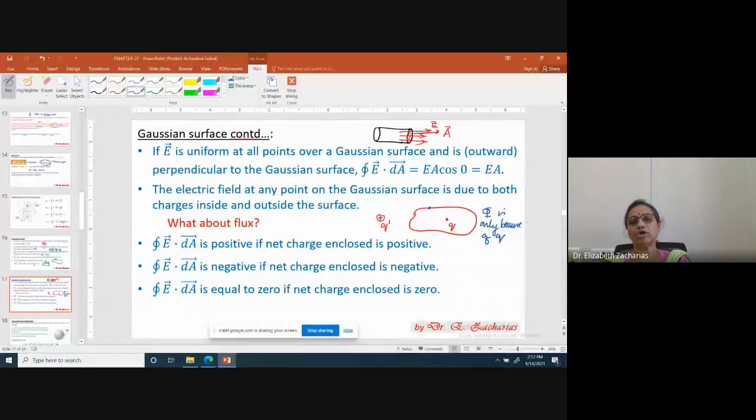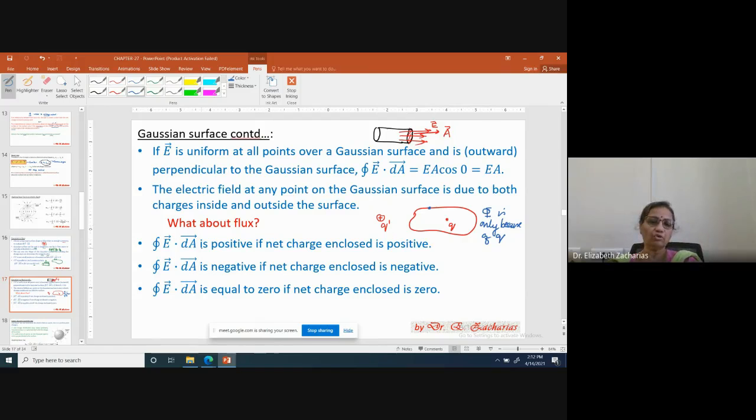Even though you have a charge Q prime outside and it is contributing to electric field everywhere on the surface, still when you do an integration, this fellow's contribution to flux will become 0, because the number of lines entering and emerging will be the same. But Q will contribute. So this is another very important thing that you have to remember.